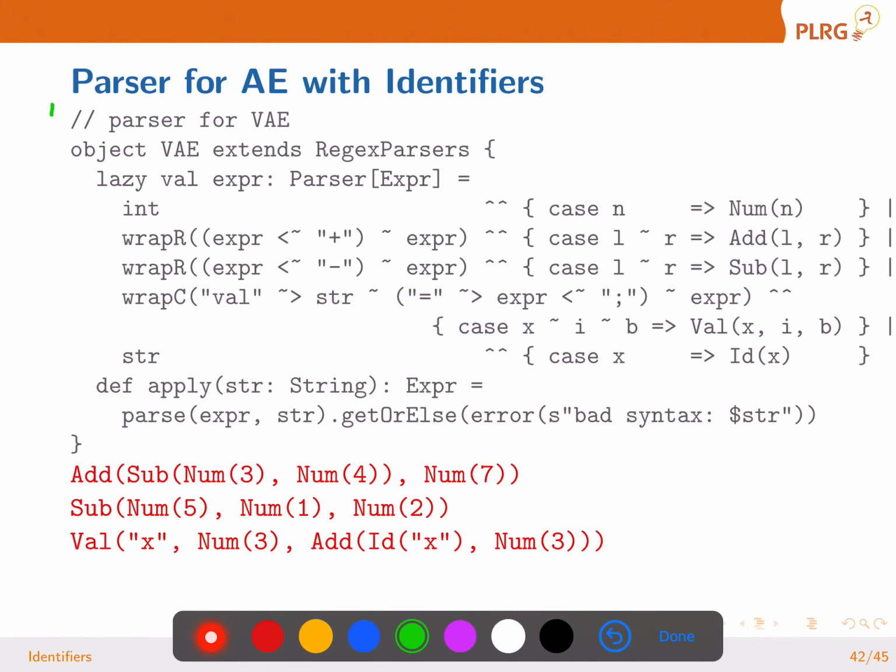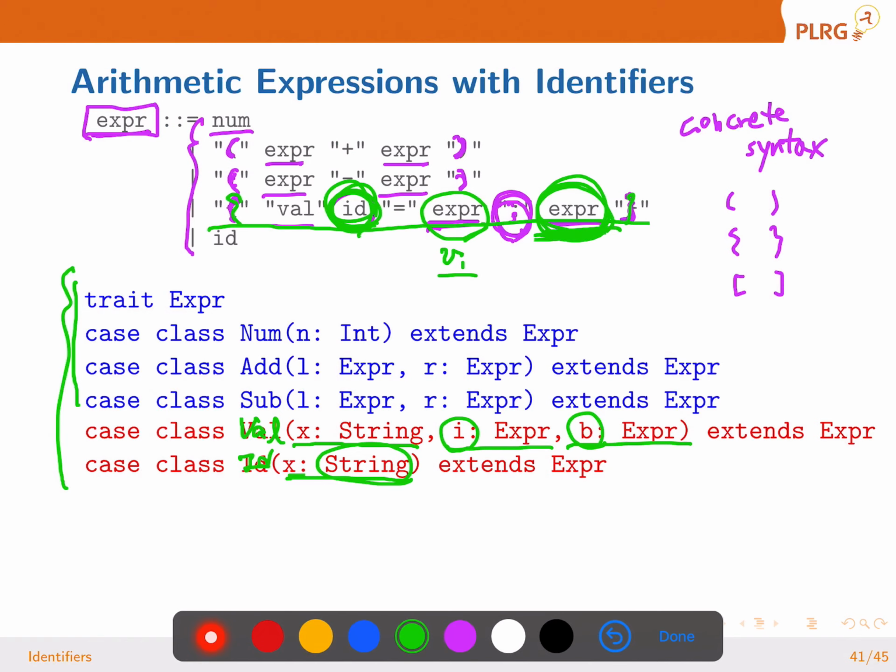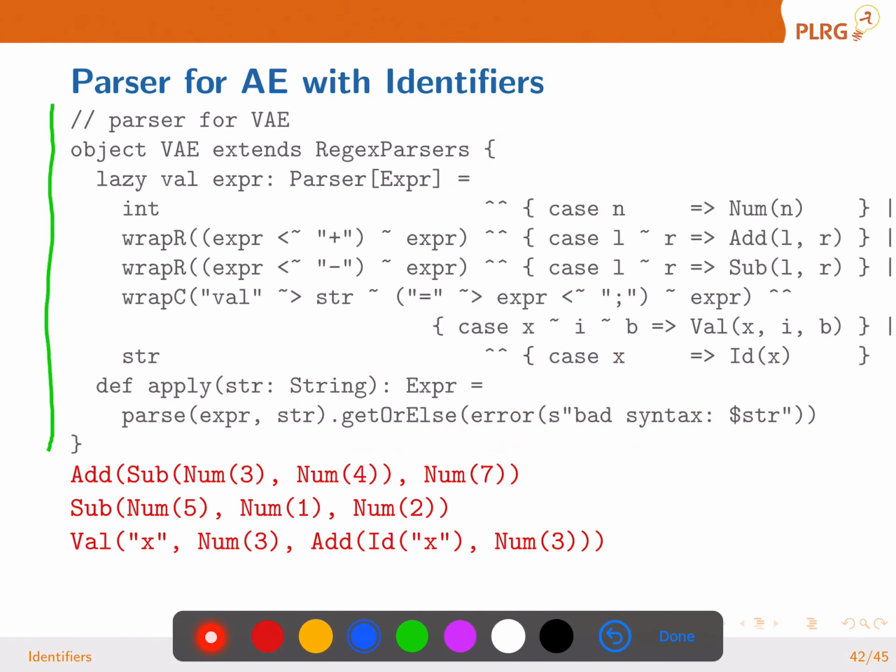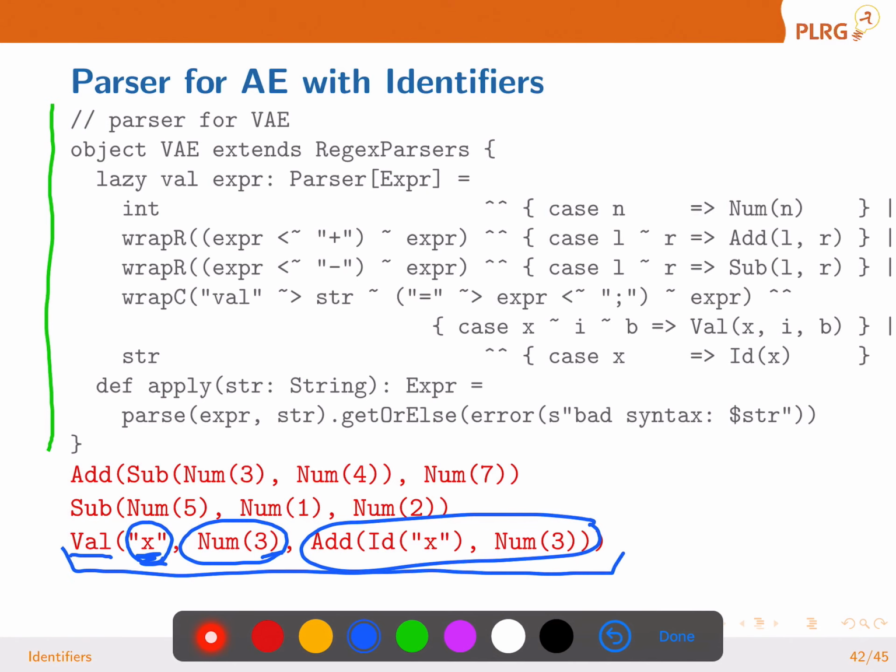Again, parser is given. You don't need to know what that means. And just as before, you can create abstract syntax by using those constructors. As we saw here, this val takes a string name that we are introducing, and the first sub-expression to denote the value of x, and the second sub-expression to denote the value of the whole expression.